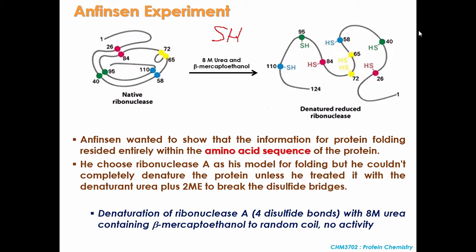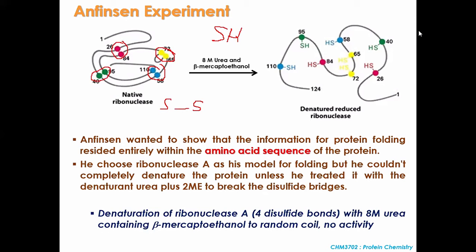As you can see here, there are 4 disulfide bonds: 1, 2, 3, 4. And these disulfide bonds stabilize the protein structure. In order for him to destroy the structure completely, urea is not sufficient, because the function of urea is to strip the water from the surface of the protein.